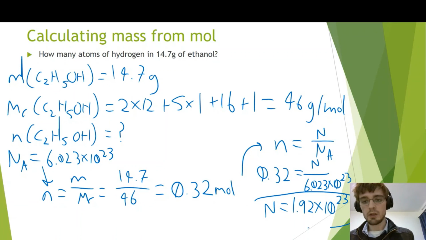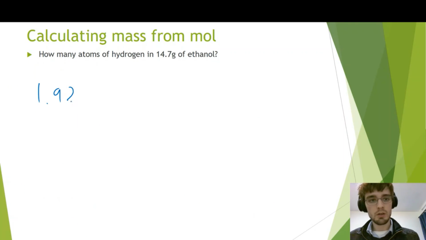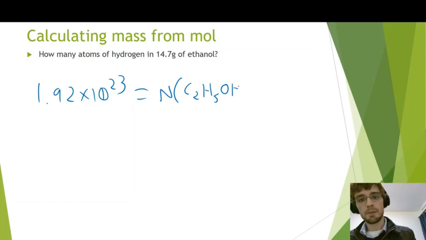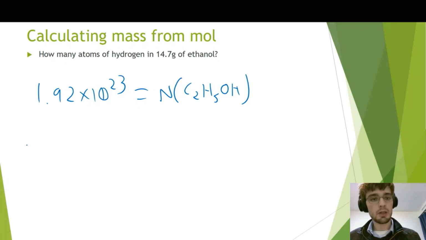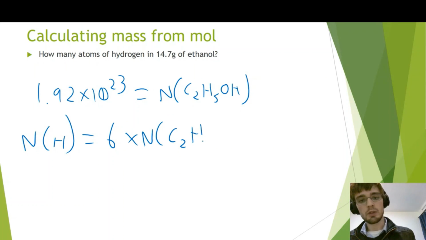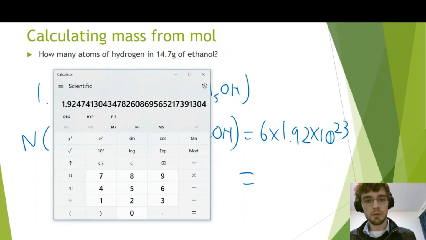Right, and from there, take this value. We say that this is the number of ethanol molecules, and we know that the number of hydrogen atoms is equal to 6 times the number of ethanol molecules, which is equal to 6 times 1.92 times 10 to the 23, which gives us a final answer.